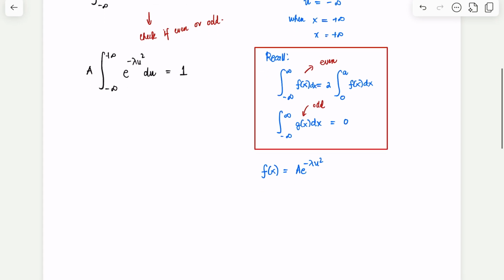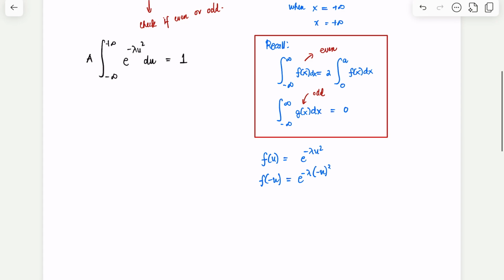Now, that means to say that our f of x upon testing if it's odd or even would simply be this term here. Now, when we do the f of negative x, we get e to the negative lambda. This should have been u, sorry, since we have changed. So f of u, f of negative u. So u squared, that means to say when we take the f of negative u, the u there will be replaced by negative u and then squared.